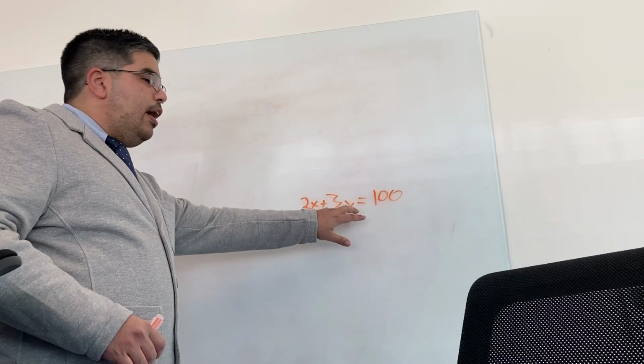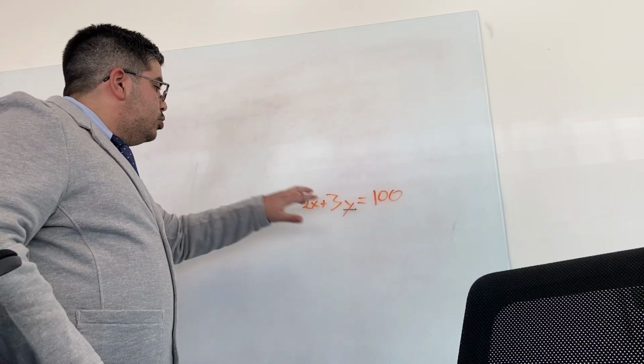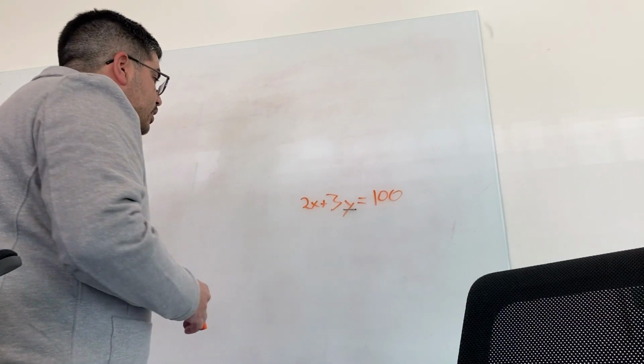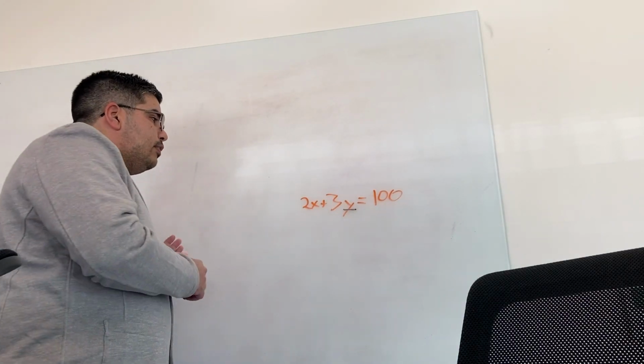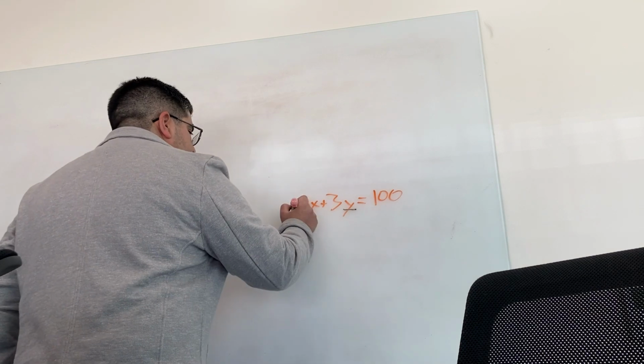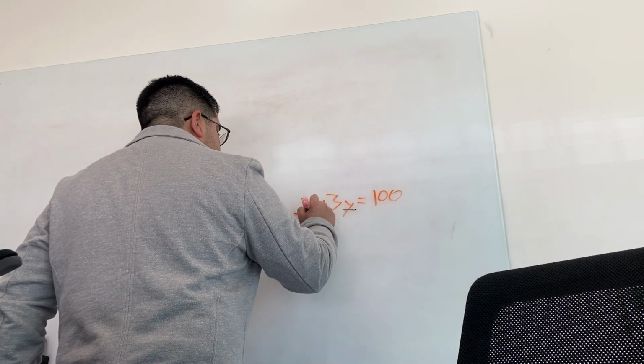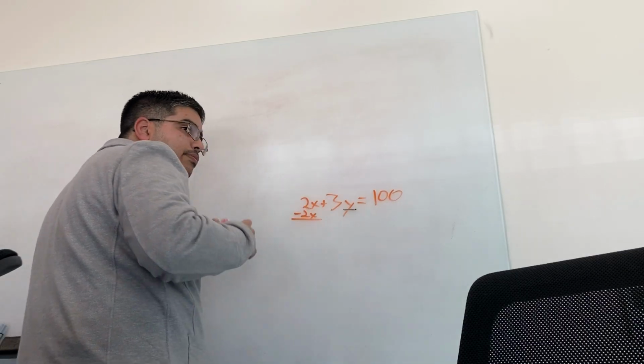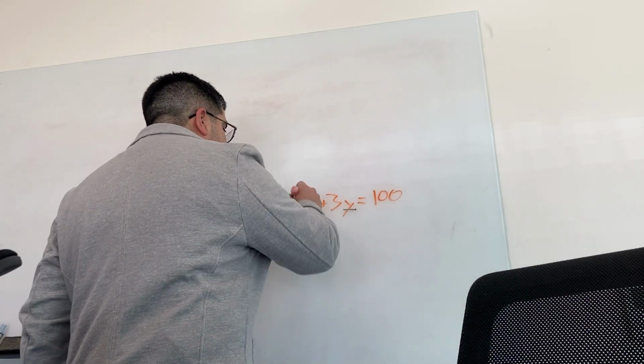The 3y is. So we have to get rid of the 2x. Since the 2x is positive, we subtract 2x. 2x minus 2x is 0, so it's gone.